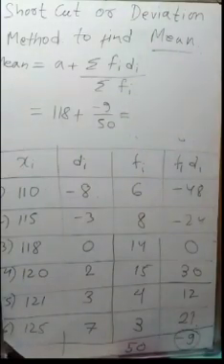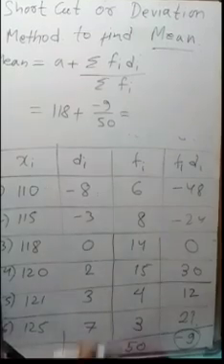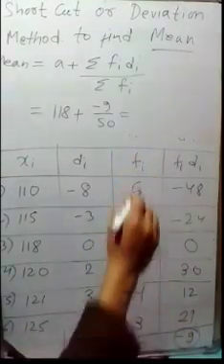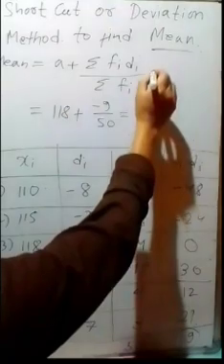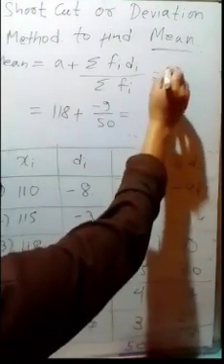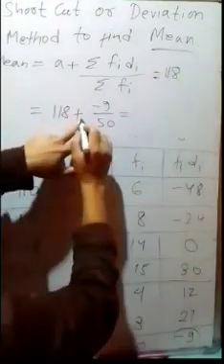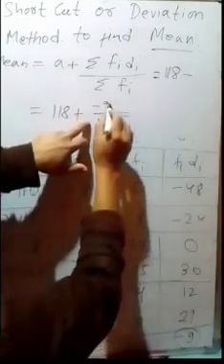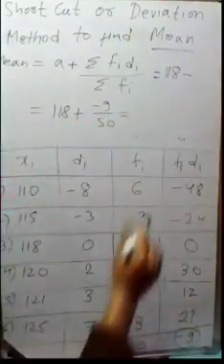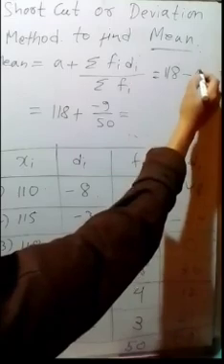Now 118 plus minus 9 divided by 50. So 9 divided by 50 means 0.18.